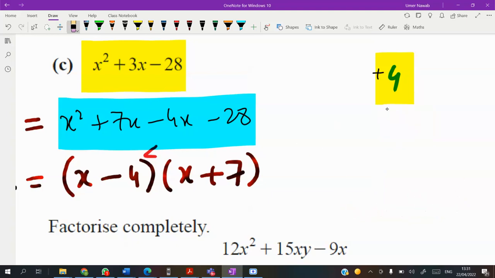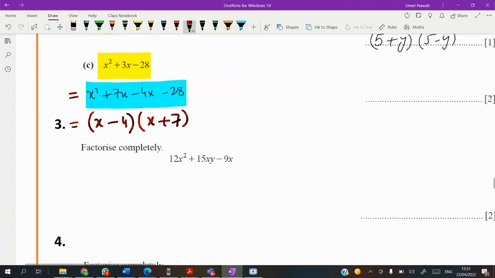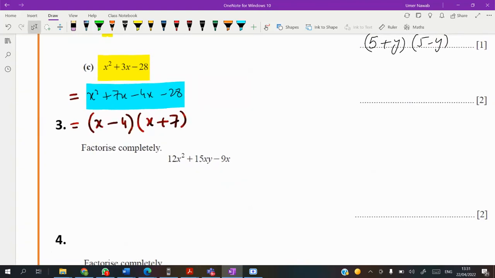Okay, guys, so now remove the calculator critical points. So your final answer is here: x minus 4 and x plus 7. And we are done.